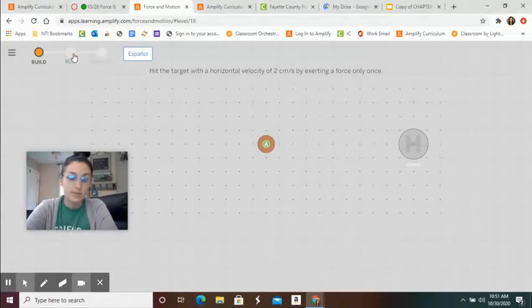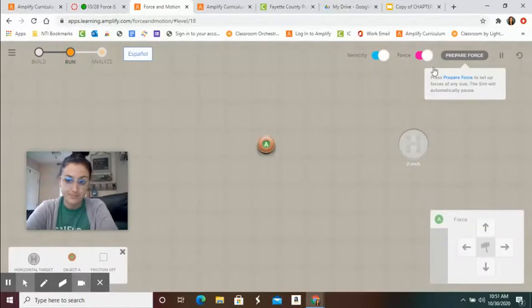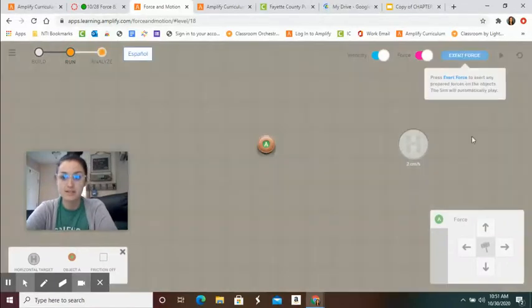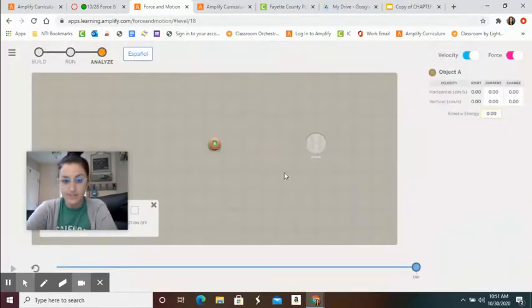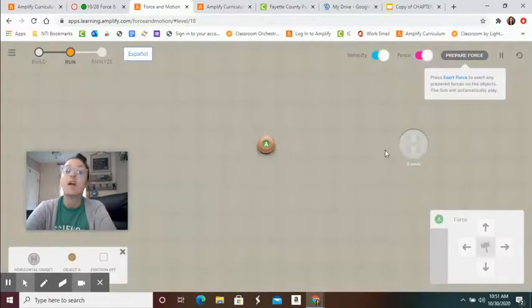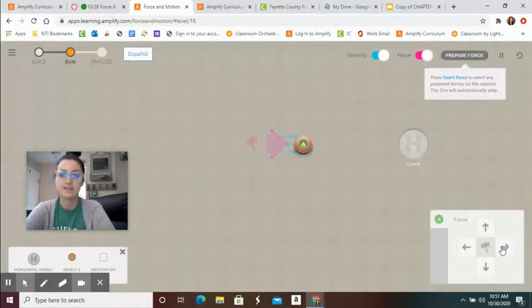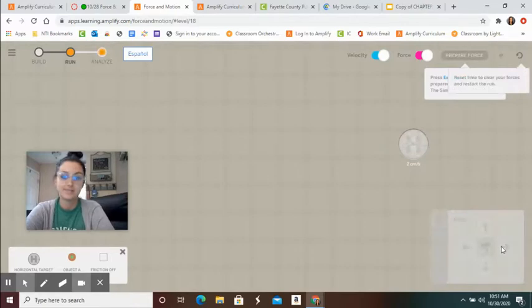So when we run it and we prepare the force, it wants us to get it here at that speed. If you are unsure, it has some data over here, which is on your Analyze button, but I'm going to click twice, and that is getting the speed I need.